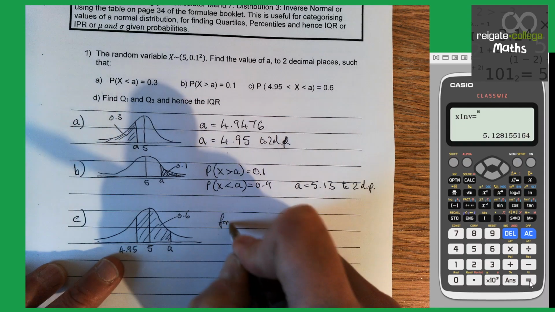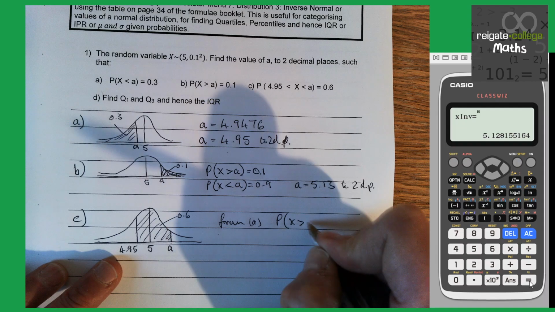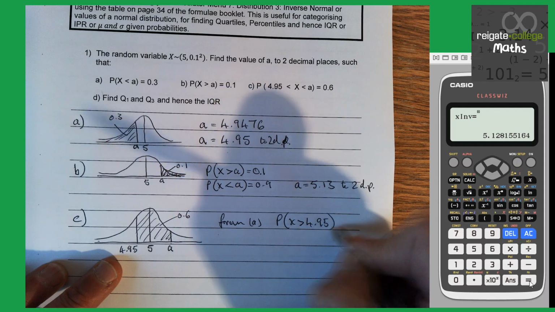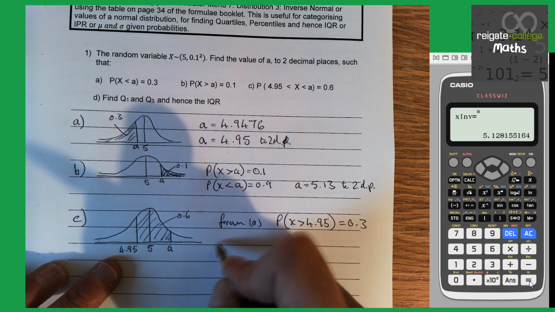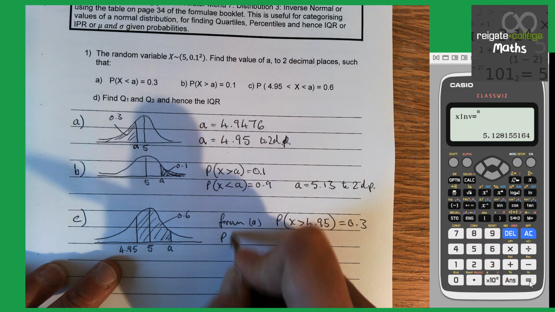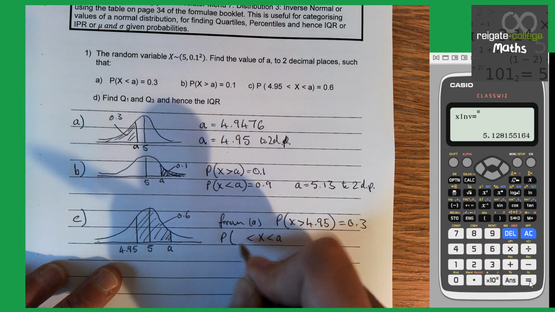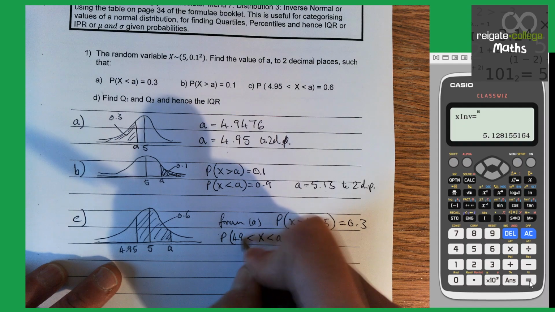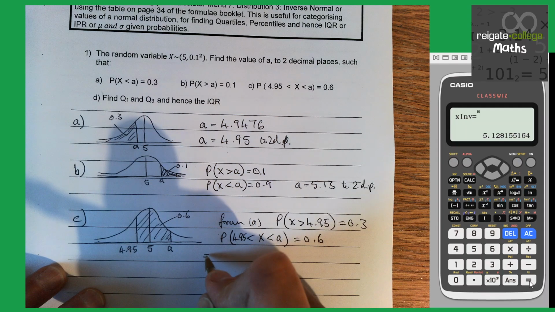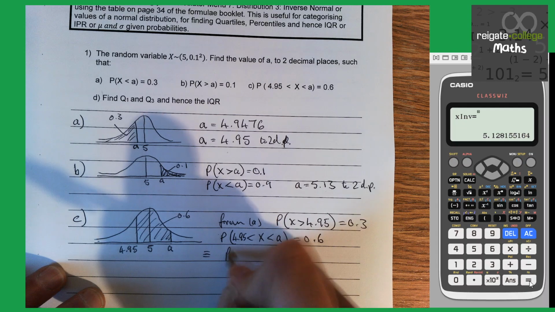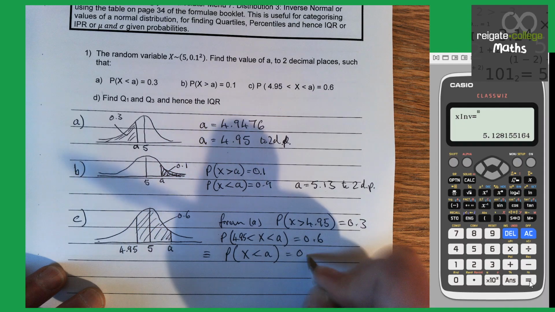So the probability that x is less than a and greater than 4.95 equals 0.6 is equivalent to the probability that x is less than a being equal to 0.9.